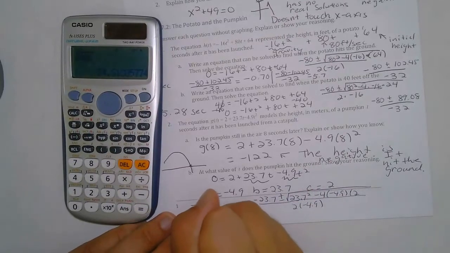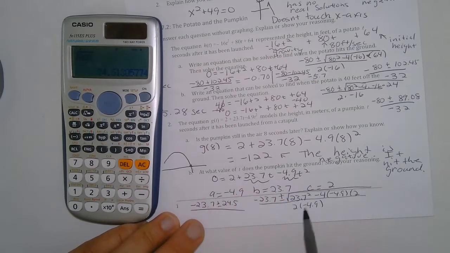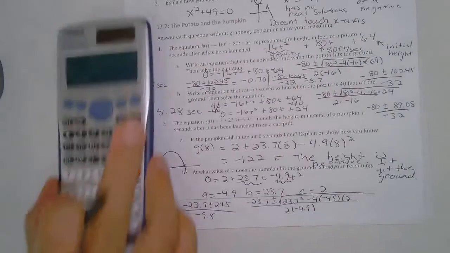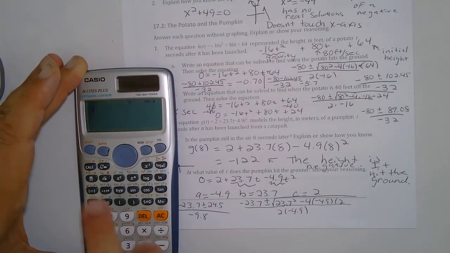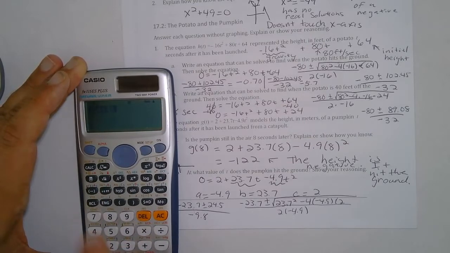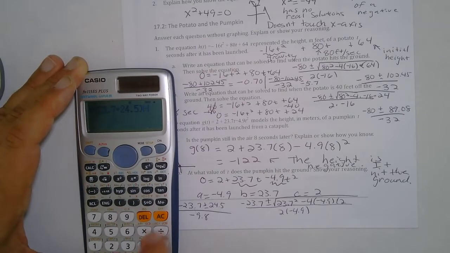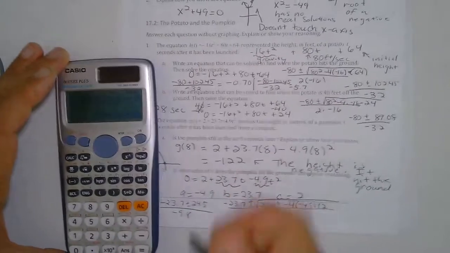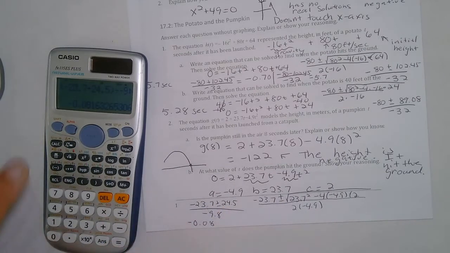So we have negative 23.7 plus or minus 24.5 over 2 times negative 4.9, which is negative 9.8. Then I do my two answers. In parentheses, negative 23.7 plus 24.5, divided by negative 9.8, is equal to negative 0.08 seconds.